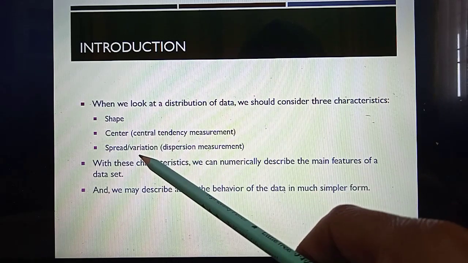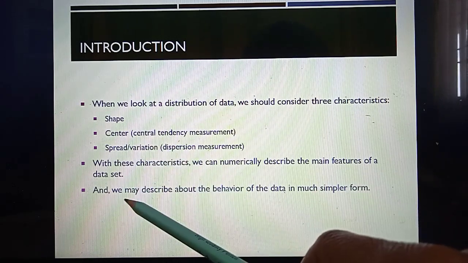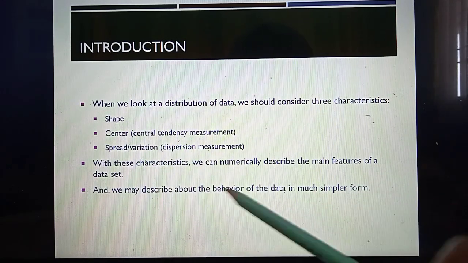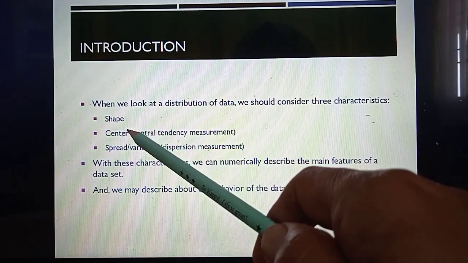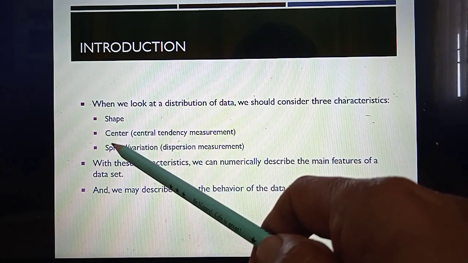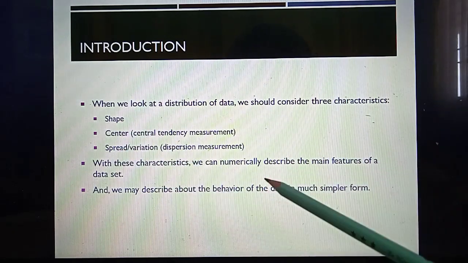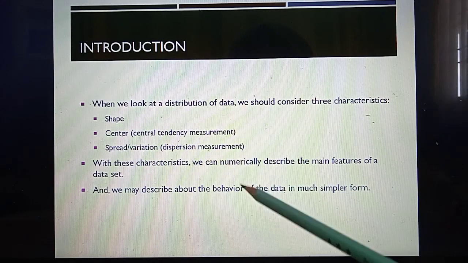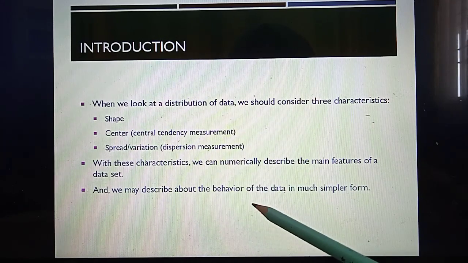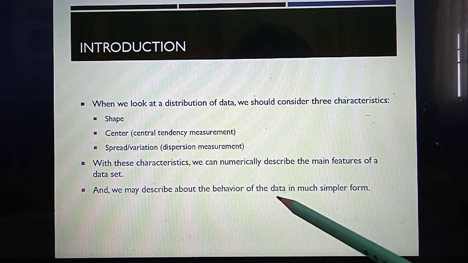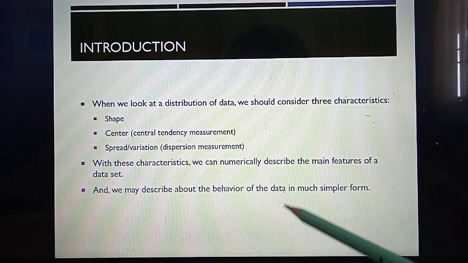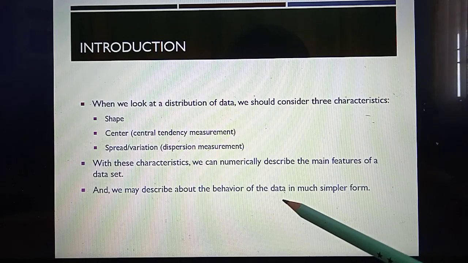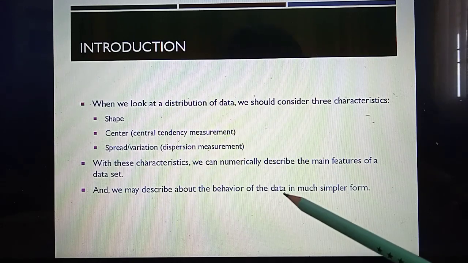Based on these three characteristics, we may describe the behavior of the data in a much simpler form. Once we are able to identify these three characteristics, we will represent them in a simpler notation so that we are able to use that notation for further calculation.